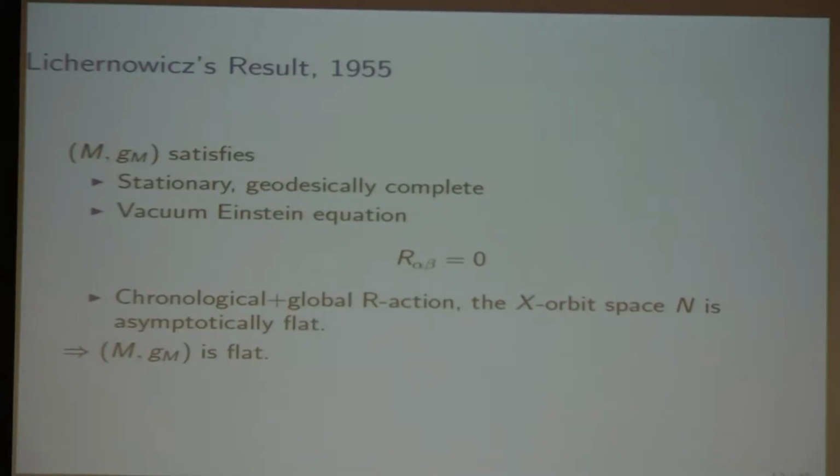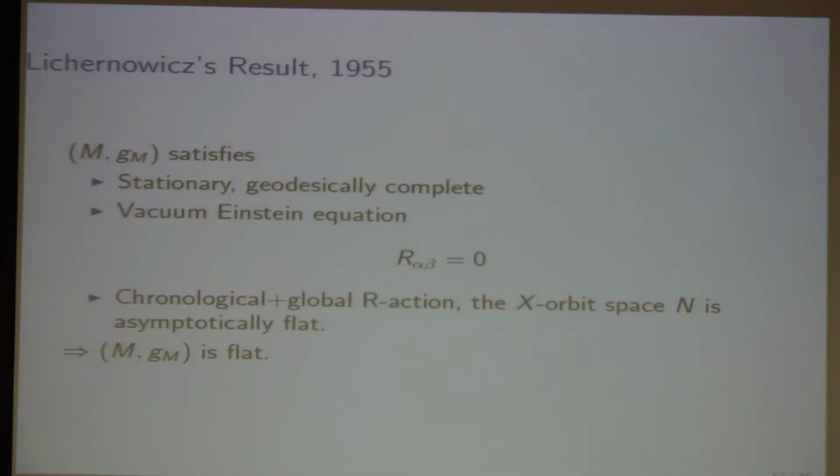So the first work is a result due to Lichnerowicz in 1955. It says the following. If a 4D space-time satisfies the following conditions: one, it is geodesic complete; two, it satisfies the vacuum Einstein equation; three, it is chronological with a global R action; and the orbit space is an asymptotically flat 3-manifold.